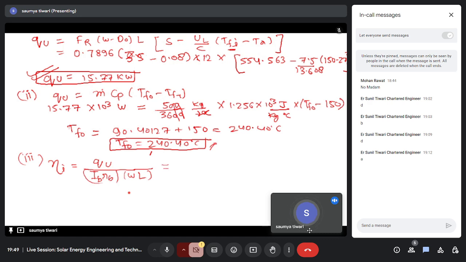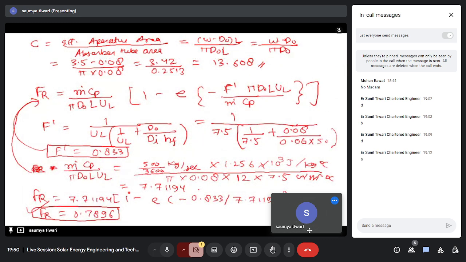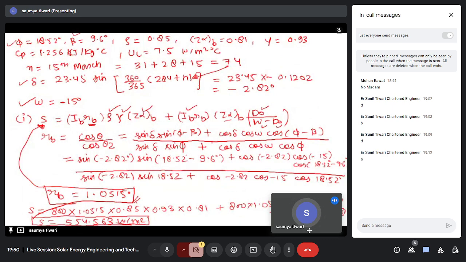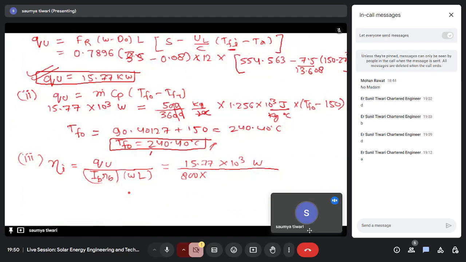Q useful we already know, it's 15.77 into 10 to power 3 in watt, upon IB, which is 800, RB, which we have calculated as 1.0515, W was 3.5 and length was 12.